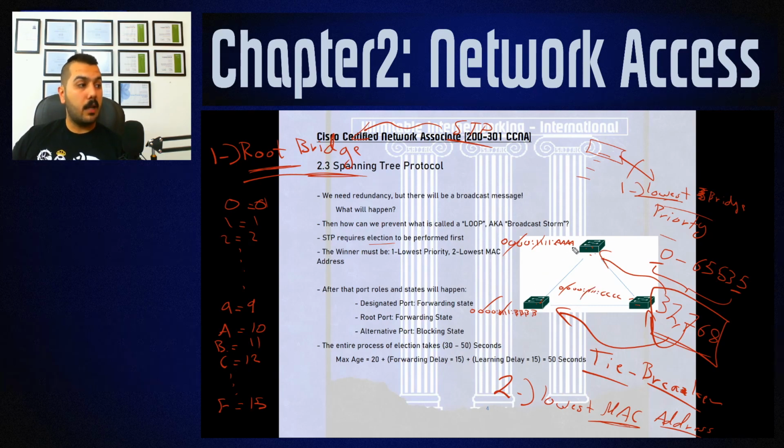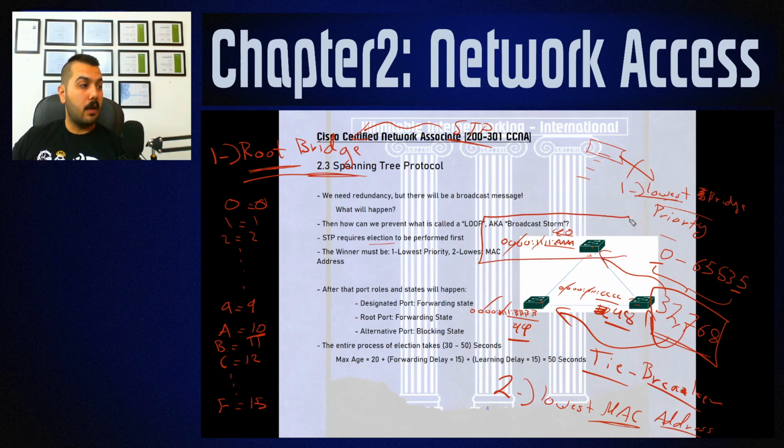After that, I have A's, B's, and C's. So these 4 A's means 4 10s, these 4 B's means 4 11s, and these 4 C's means 4 12s: 40, 44, 48. So which one of these 3 switches has the lowest MAC address value?